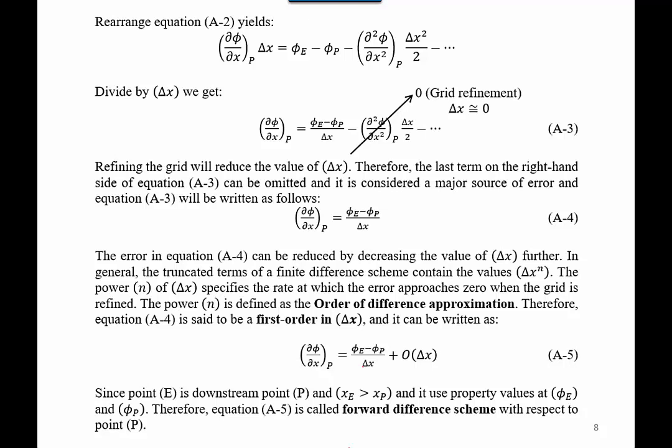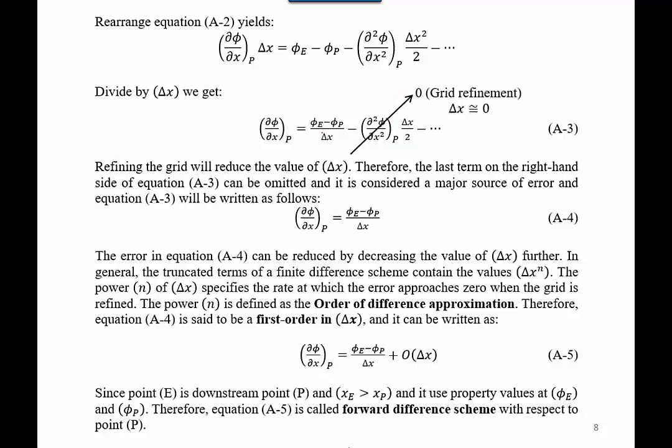As we see, if we refine the value of delta x and make it smaller, or in other terms, if we increase the number of nodal points in the domain, that means we are refining the grid. The smaller the value of delta x, the smaller delta x squared will be, and that will lead this term to be approximately 0.